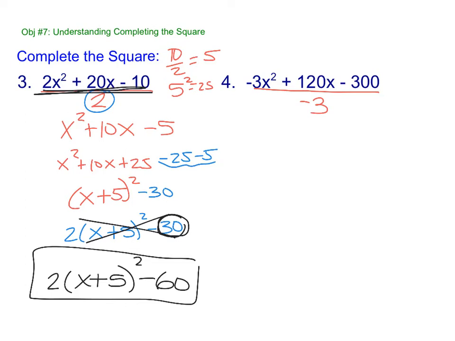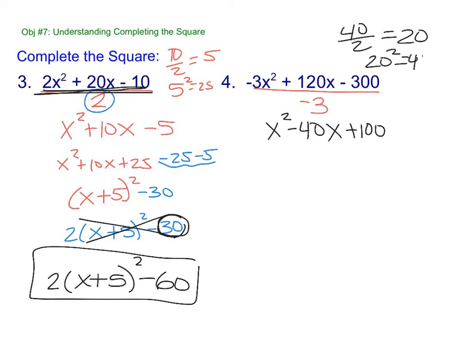All right, so we divided by negative 3, and we get x squared minus 40x plus 100. 40 divided by 2 is 20. 20 squared is 400. That's my C term. So x squared minus 40x plus 400 is my perfect square binomial, (x minus 20) squared.